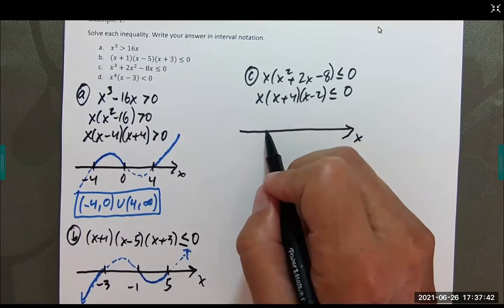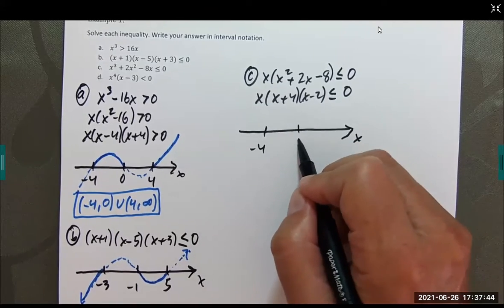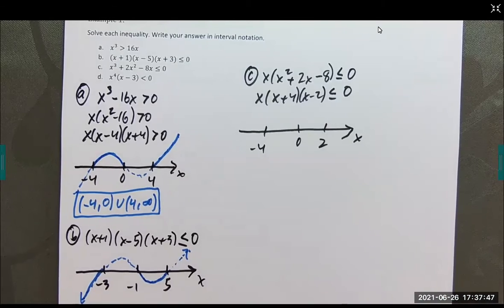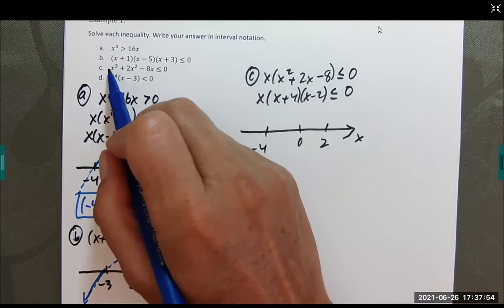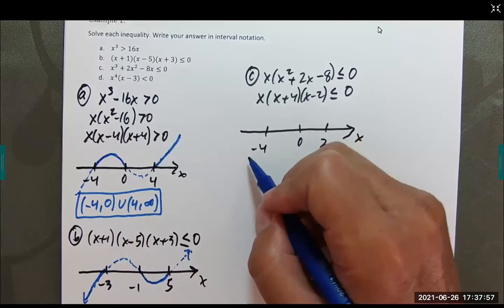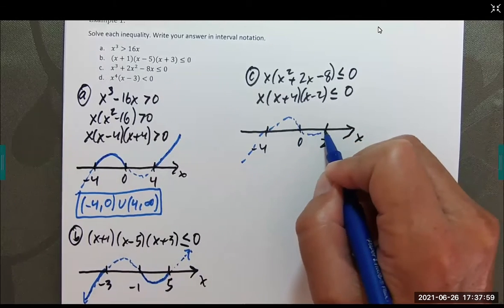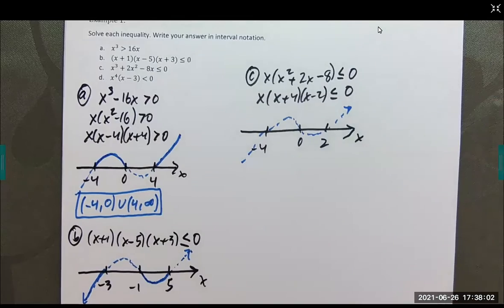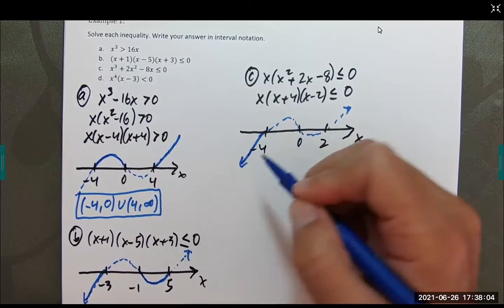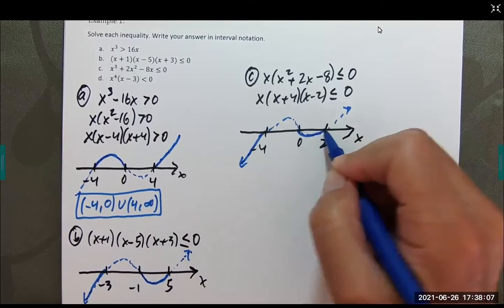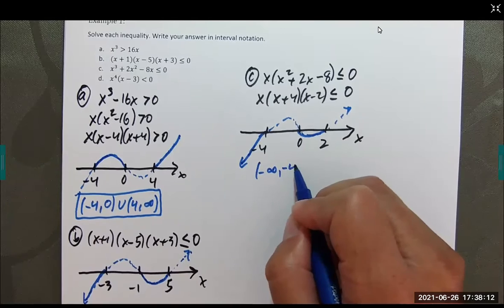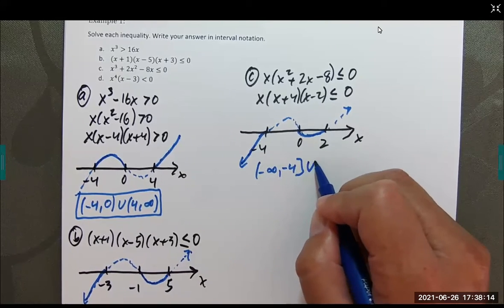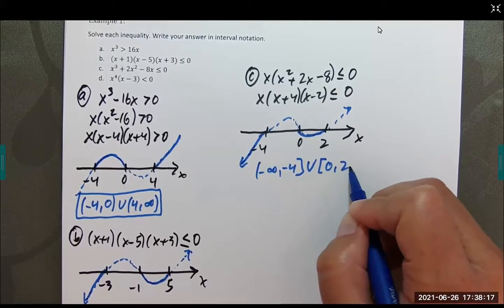We're going to have a -4, a 0, and a 2. So again, third degree, positive lead coefficient. We're going to start down here. And again, we want negative. So negative is here and here. And inclusive. So -infinity to -4, including, union with 0 to 2.